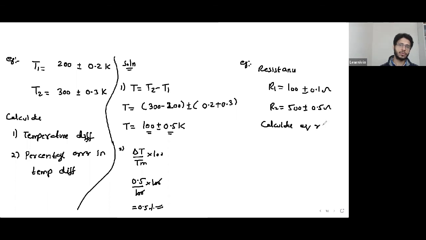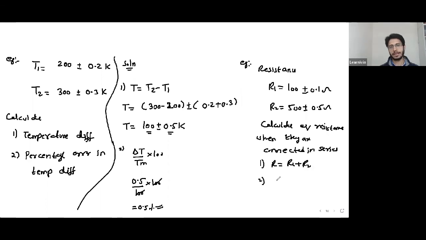Calculate the equivalent resistance when they are connected in series. In class 10th, you must have done series and parallel combination. Series combination says R is R1 plus R2. And second, I need the percentage error in R.